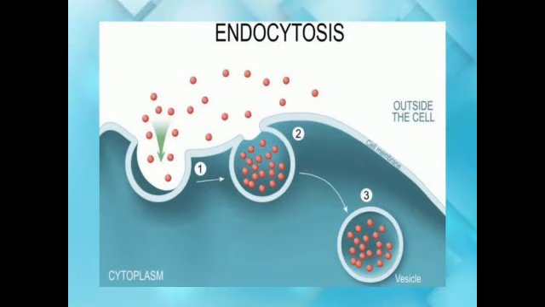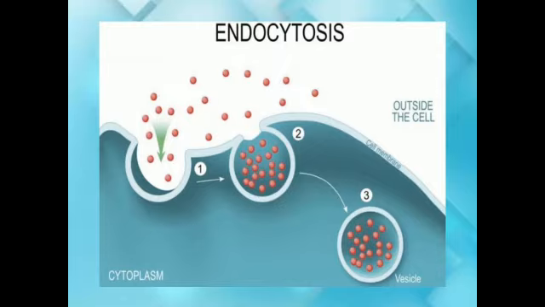Now, endocytosis. It is a process in which the cell membrane helps to take in material by unfolding in the form of vacuoles. Endocytosis may be phagocytosis and pinocytosis.